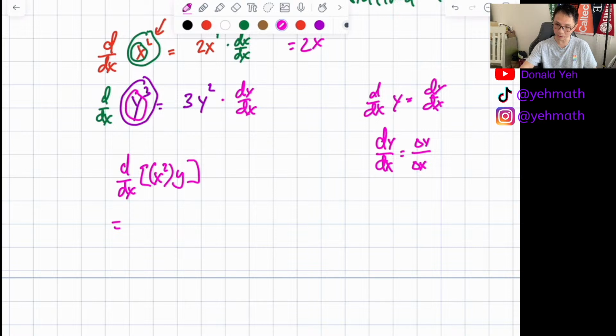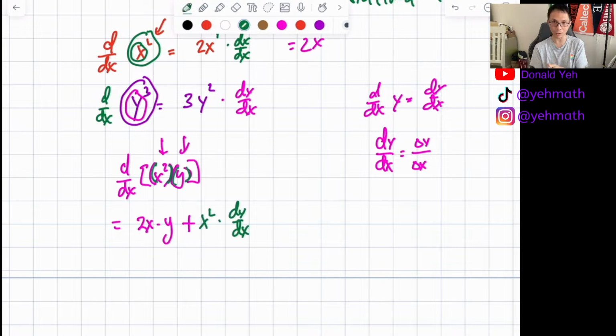Now I'm going to leave the first function alone, x squared. Now I'm going to take a derivative of y, so here it's going to be dy/dx. So slightly different. Anytime you take a derivative of x, you just do it explicitly. Every time you take a derivative of y, it's going to give you a new notation called dy/dx.